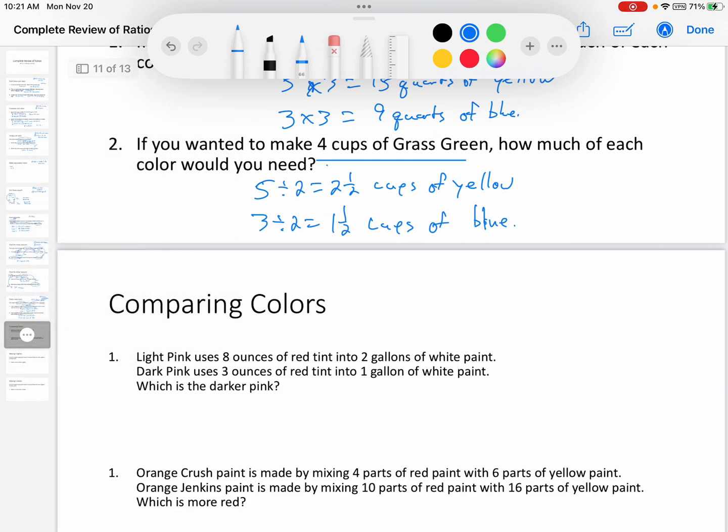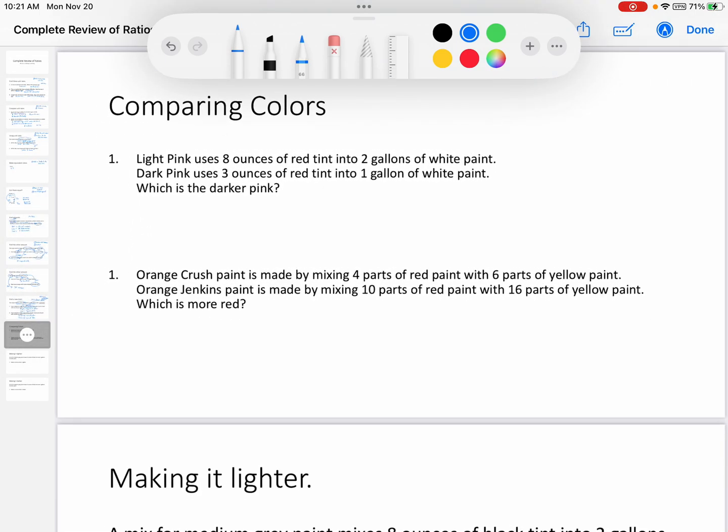Comparing colors. Well, step 1, find the unit rate. Step 2, compare them. All right, light pink, dark pink. 8 divided by 2 equals 4 red, 2 white.